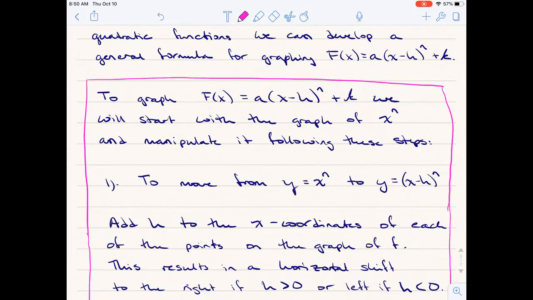We're always comparing to this general form to find out what h, a, and k are.